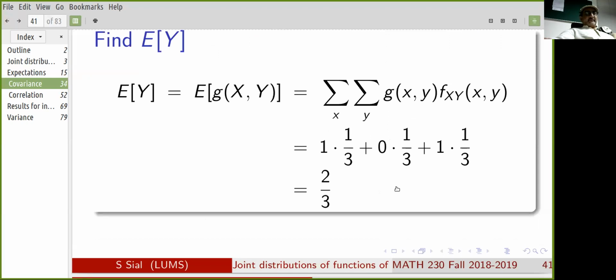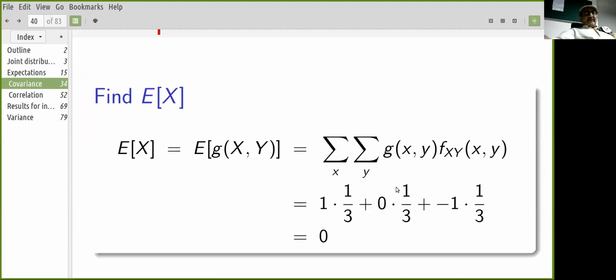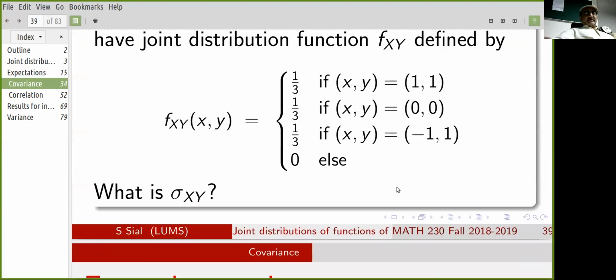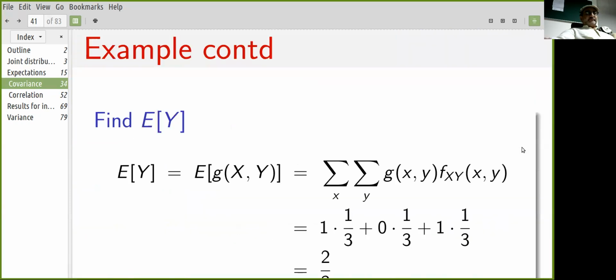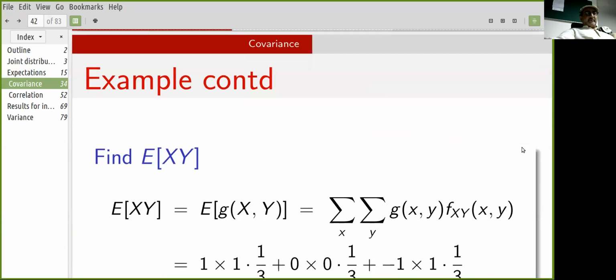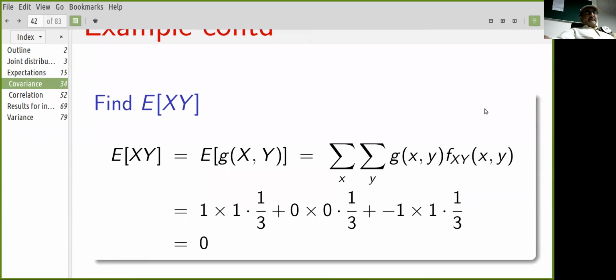That's the expectation of Y. What's the expectation of XY? The expectation of XY is 1 times 1 times its probability, 1/3, plus 0 times 0 times its probability, 1/3, plus -1 times 1 times its probability, 1/3. That's the expectation of XY, and that's equal to 0.